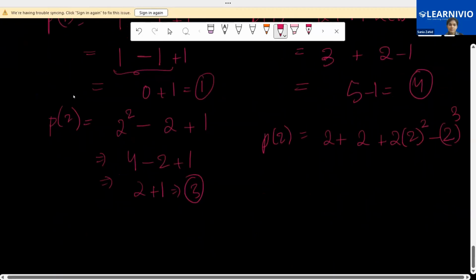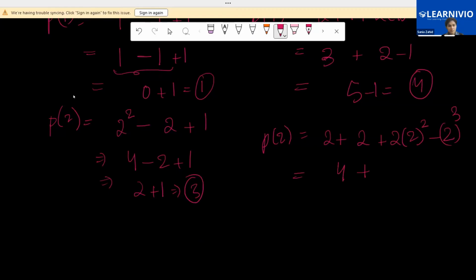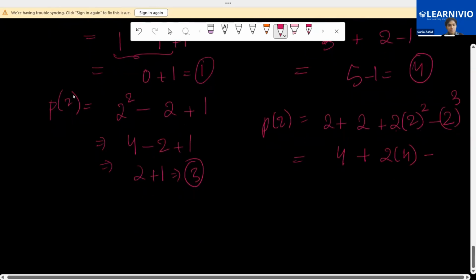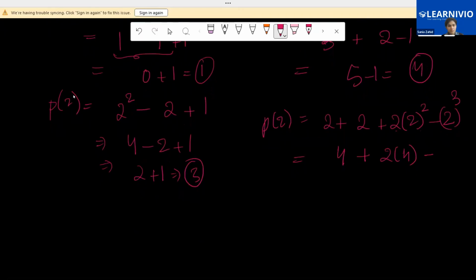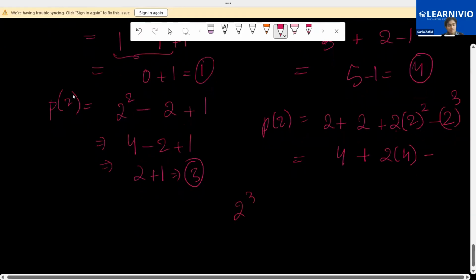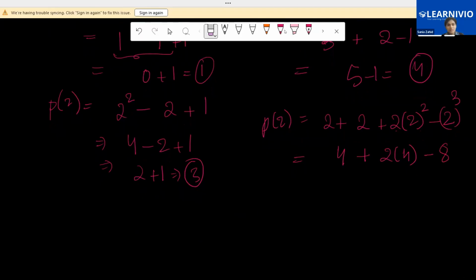Okay, so 2 plus 2 gives you 4. 4 plus 2 into 4, minus 6. Why 6? What does 2 cube mean? 2 into 2 into 2, 8. Minus 8, my bad. Very good, minus 8. Now you understand?